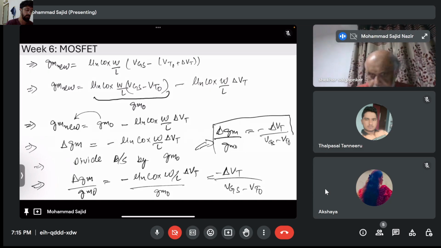So if there is some change in threshold voltage, there will be a significant change in GM as well. You can see from this equation.